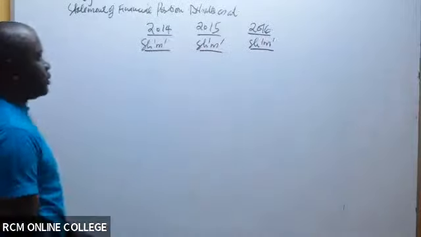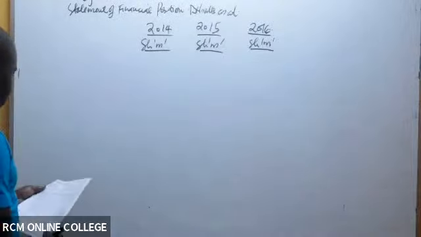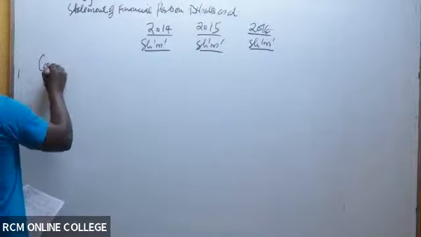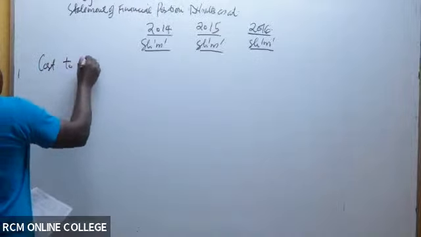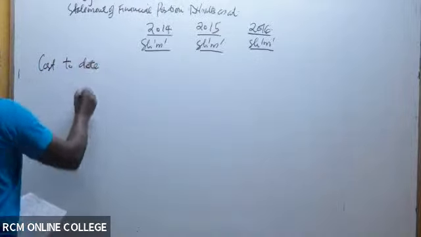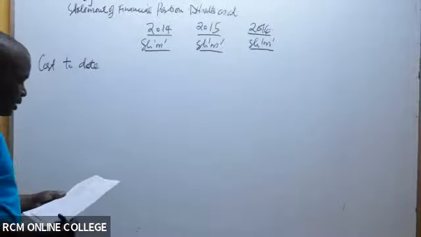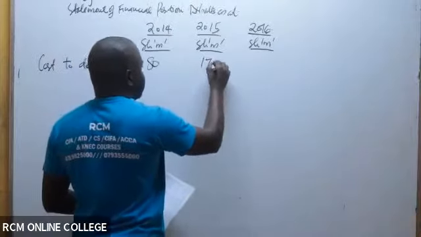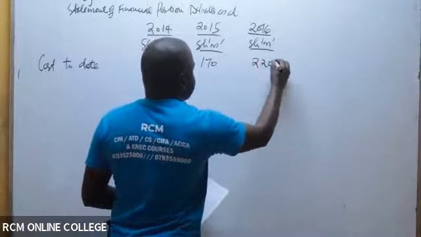So we said for this one, you start with the cost to date. The cost to date you are given in the question, which is actually 80, 170, 220.